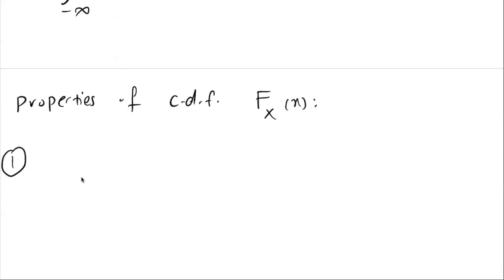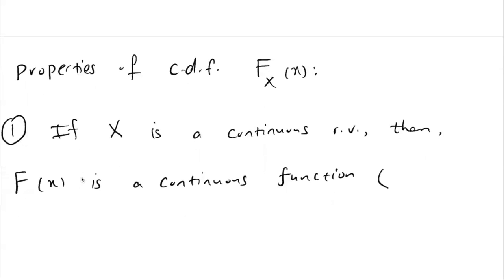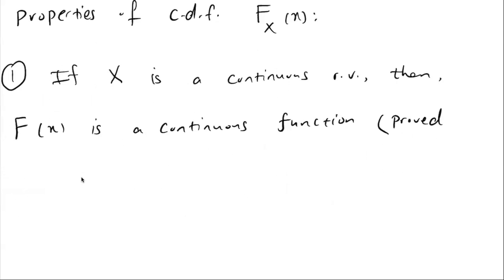So first of all, we saw that if x is a continuous random variable, then capital F of x is a continuous function. This one, we proved last time.